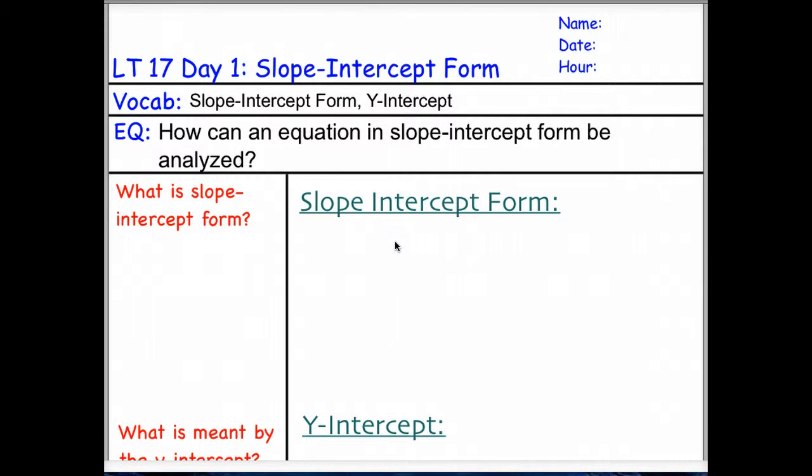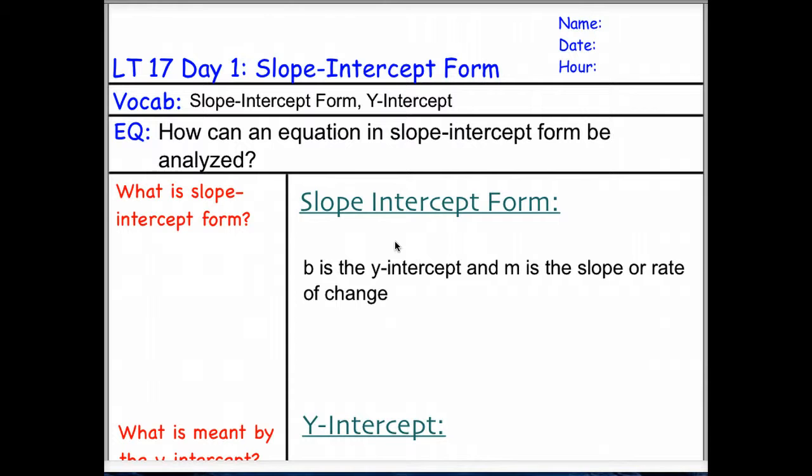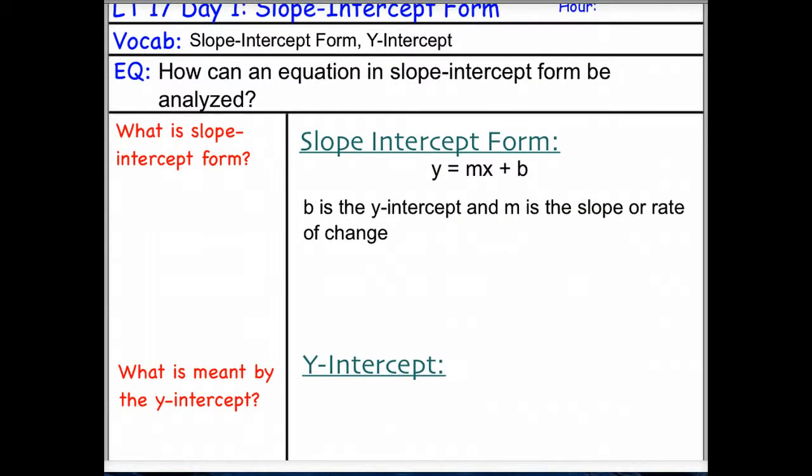Well, Slope-Intercept Form is written in the form of y equals mx plus b, where b is the y-intercept and m is the slope or rate of change. So that's what we've been talking about the last learning target.